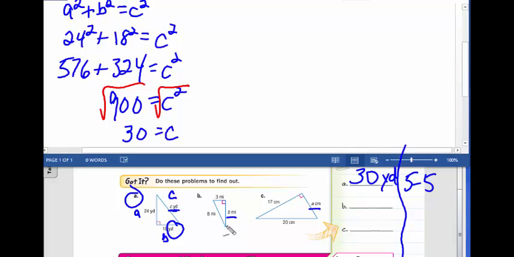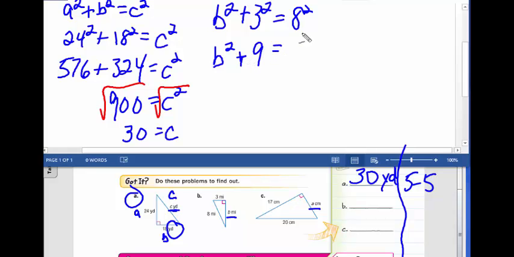Letter B, we have a hypotenuse, so we're going to say that b squared plus 3 squared, the other leg, equals 8 squared. So we have b squared plus 9 equals 64. Subtract 9 from both sides.